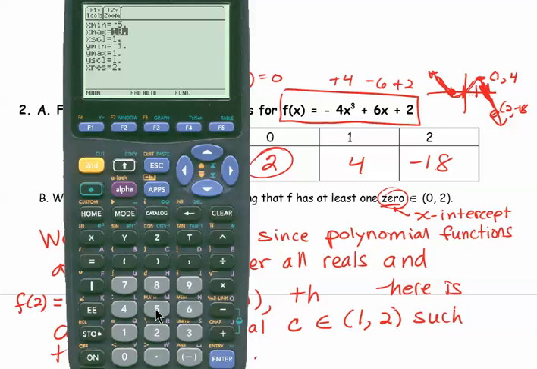I'm only doing that because it looked like it only took up half of the screen. And notice that my y min and y max were very low as well. These are just left over from the previous problem I had calculated. So I'll go from -5 to +5 there also, since what I'm really interested in when I go back to the graph is the zeros, the x-intercepts.